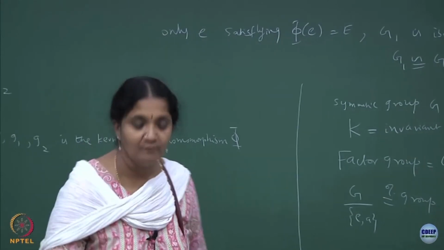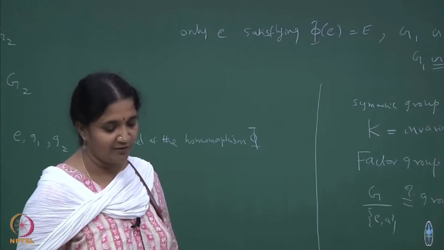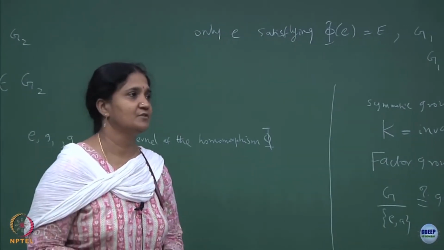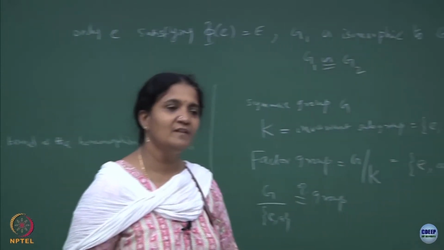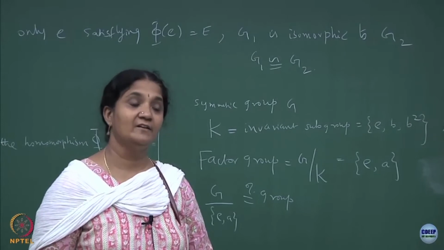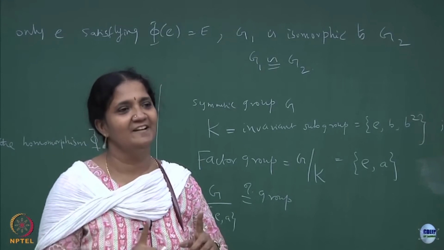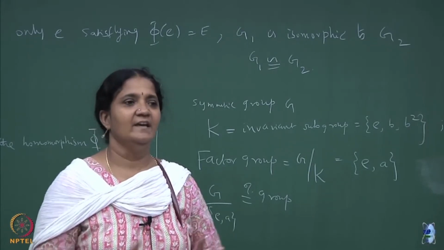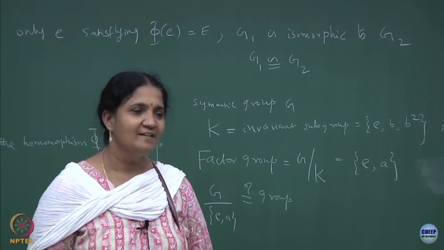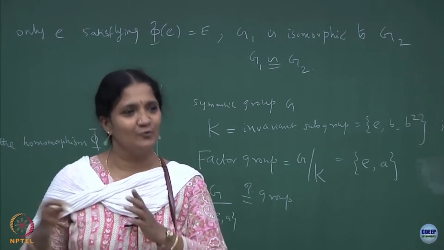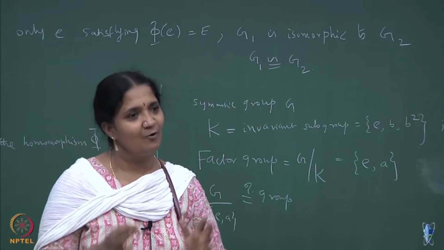So, that is one thing which was an accident here, because it is a two element group, one is identity, other one is a non-trivial element, but this will not happen in general. Factor group will always be a group provided the factoring on the group is done by an invariant subgroup. If the subgroup has only two elements, then your cosets are only two cosets. So, that is trivially going to be the factor will also have a group properties.